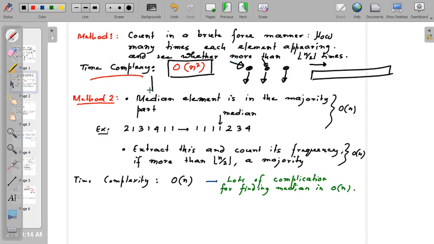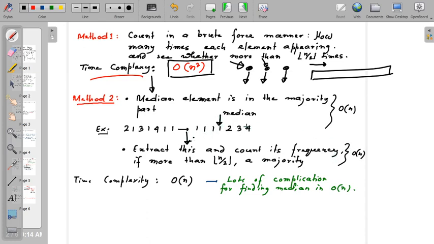So maybe this median element is in the majority part. So we are finding the median. Extract this and count its frequency. Then again, I have to check.